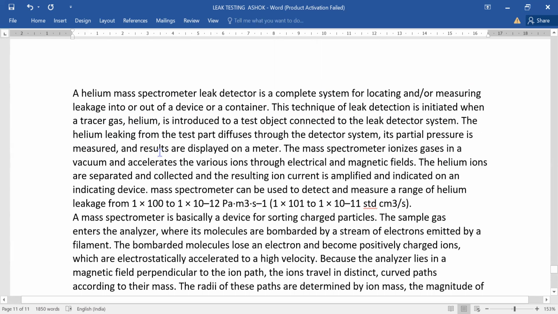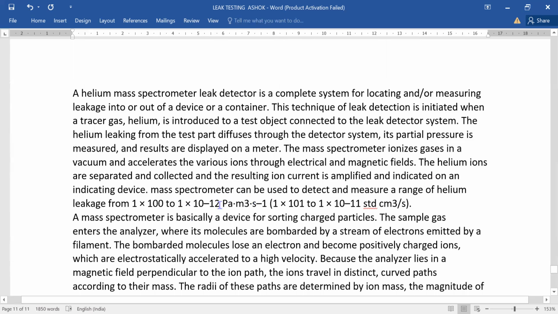Its partial pressure is measured and the results are displayed on a meter. The mass spectrometer ionizes gases in a vacuum and accelerates various ions through electrical and magnetic fields. The helium ions are separated and collected, and the resulting ion current is amplified and indicated on an indicating device.